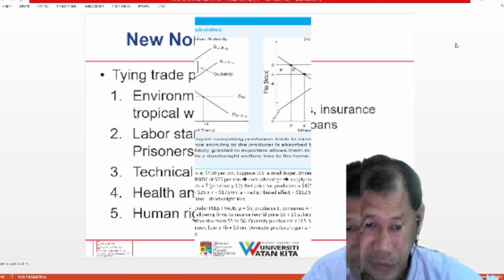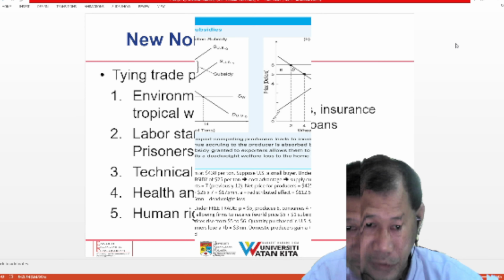So when they see this is tropical woods, they think of the orangutan in Malaysia, because the propaganda was that these tropical woods in Malaysia have all been flattened, and the orangutan has no place in the jungle anymore to stay. So, no more orangutan. So I don't want to buy these tropical woods.